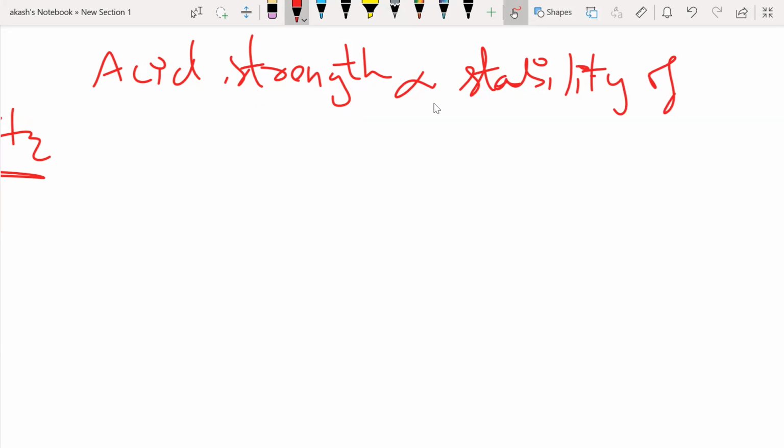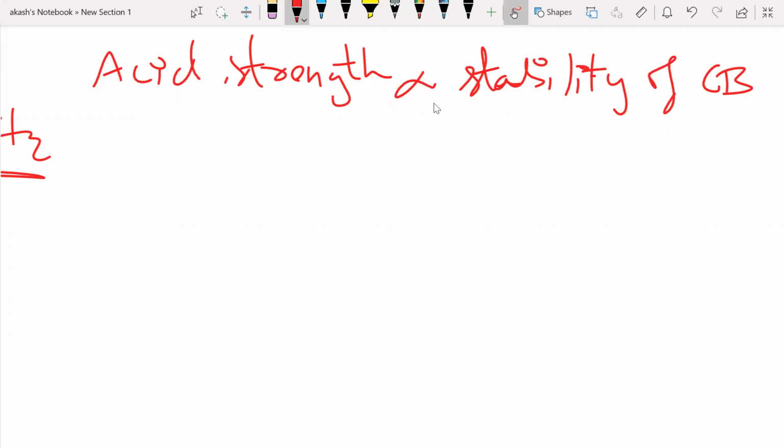What is CB? Conjugate base, sir. Thank you so much. Yes, it's going to be the conjugate base. If the conjugate base is more and more stable, then I would say that the acidic strength is higher. The strength of the acid is higher. So this is the criteria.